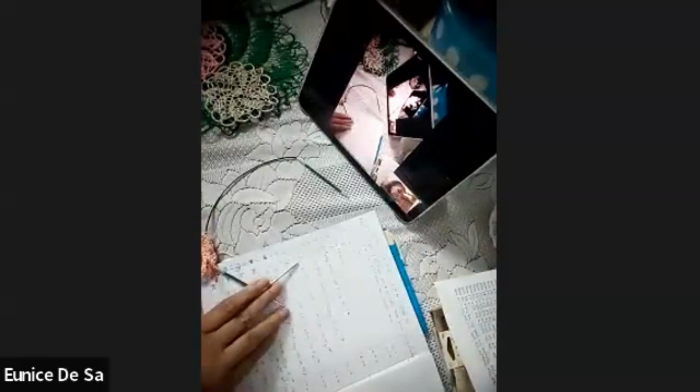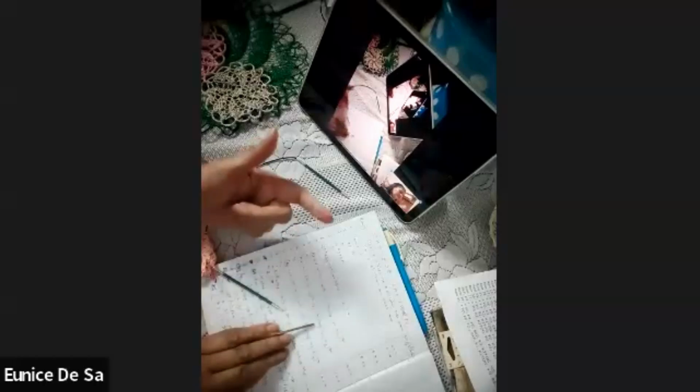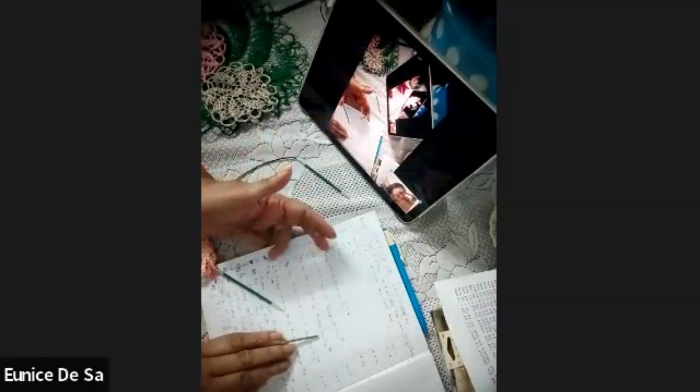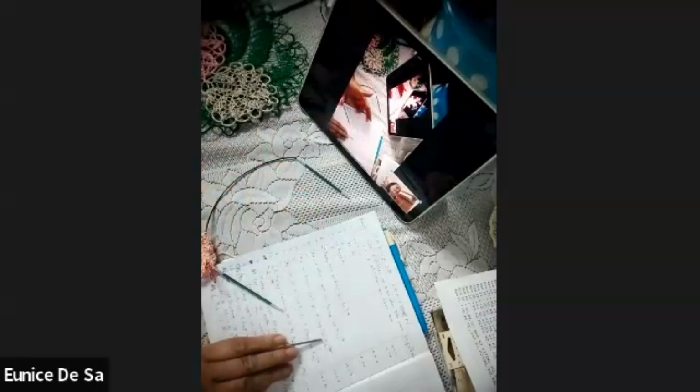Understood how to count? Any problem about counting? Shall we do it again? Knit 2 becomes 2 stitches, yarn over becomes the 3rd stitch, skip 1 becomes the fourth stitch, yarn over becomes the fifth stitch, knit one becomes the sixth, yarn over becomes seventh, knit two together becomes eighth, yarn over becomes ninth, knit three becomes 10, 11, and 12.